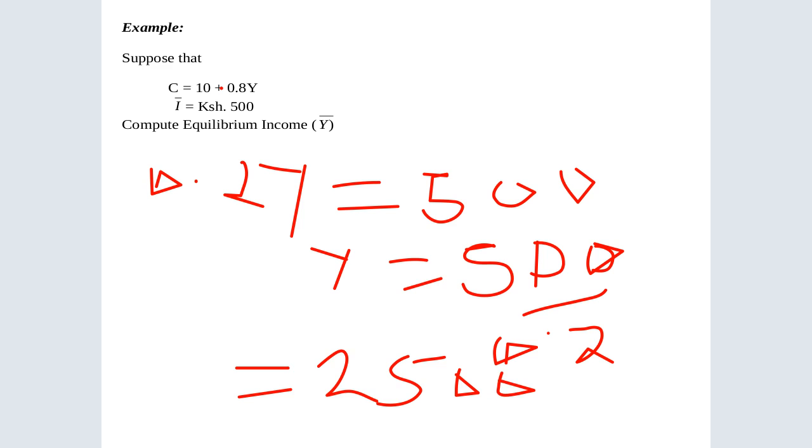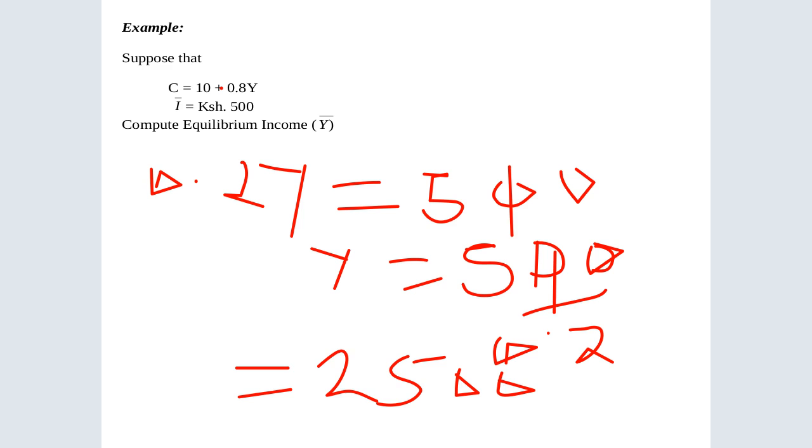That's a simple calculation that you can do. Oh sorry, it should be 510. It's 510. So the 510, you need to add 10. So this one should be equal to 510.